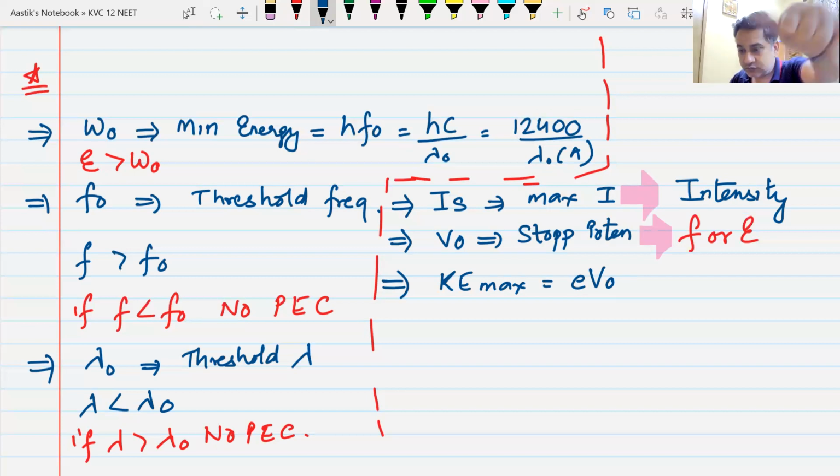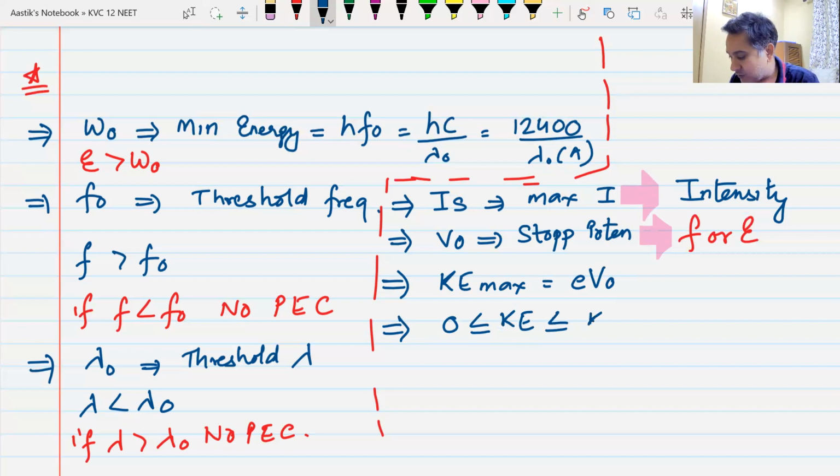We're getting there, no? Yes, sir. Zero is less than or equal to the kinetic energy, which is less than or equal to KE max. The energy of the emitted electrons lies between these two. Anything else left? I think we have done everything.